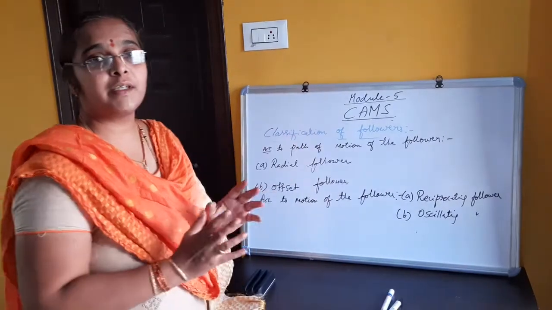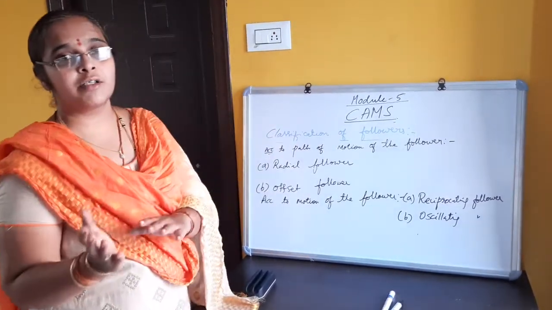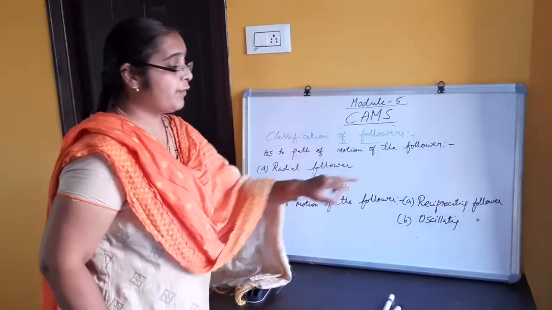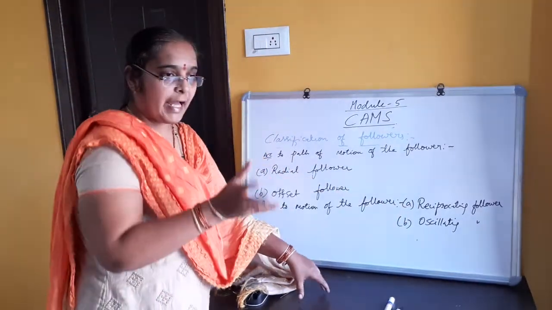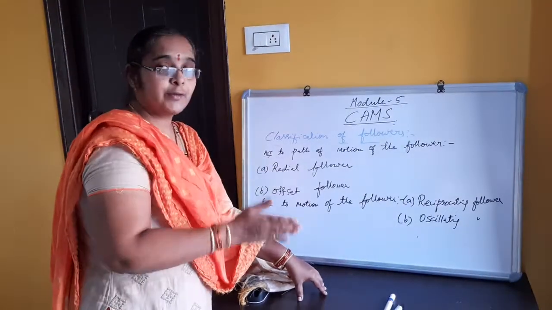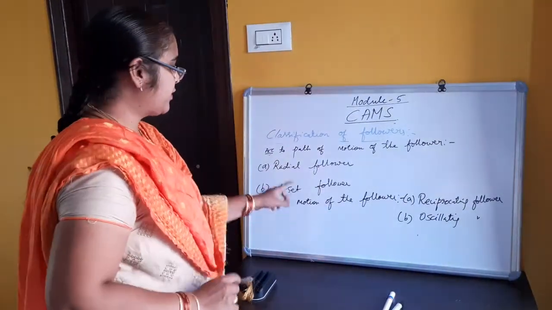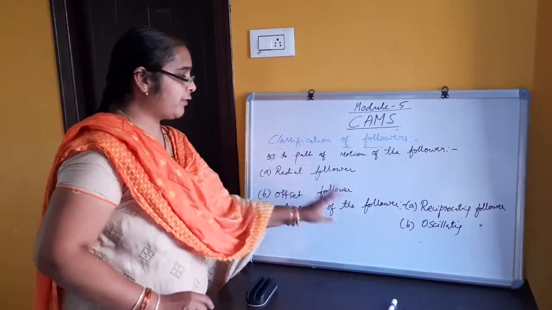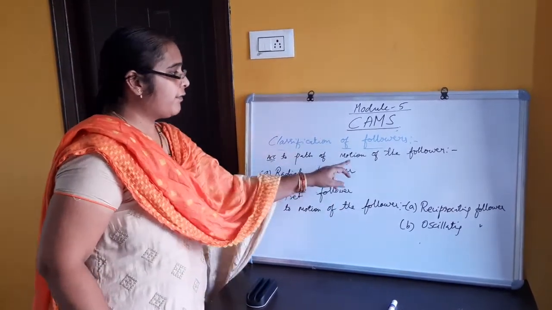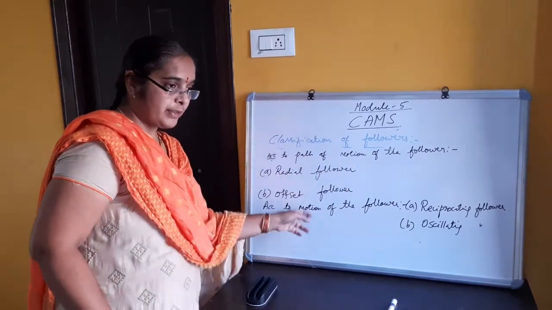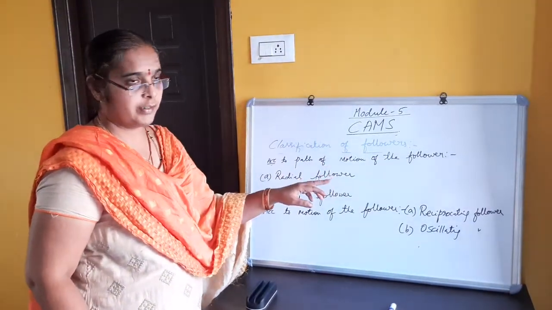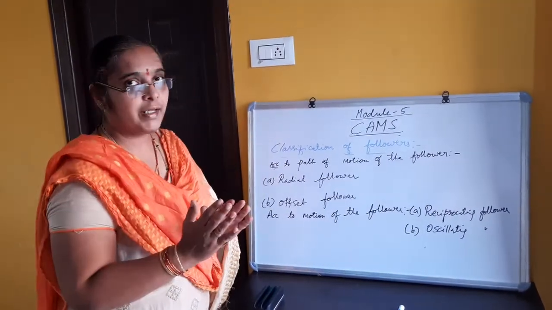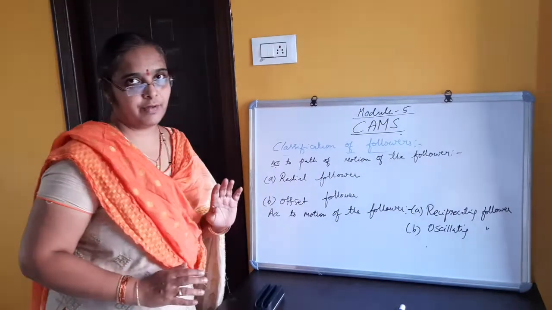That is, the rotary motion of the cam is converted into oscillatory motion of the follower for an oscillating follower, whereas in a reciprocating follower, when the cam rotates, the follower reciprocates. So this is the classification of the follower based on the motion of the follower. The other is based on whether the follower axis coincides with the cam axis or not. If it coincides, it is known as radial follower. If the follower axis is some distance away, then it is known as offset follower.